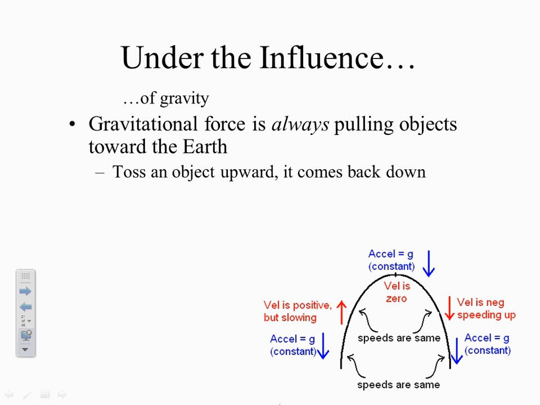Downwards, but if I'm talking about speed, they're the same. If I were to toss them at 20 meters per second, they'd come back and hit me at 20 meters per second. This speed here is the same as this speed here. I'm not saying this one is the same as this one. But at the same heights, they'll have the same speeds on the way up as well as on the way down.